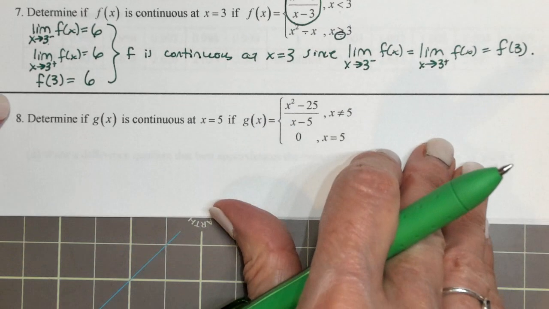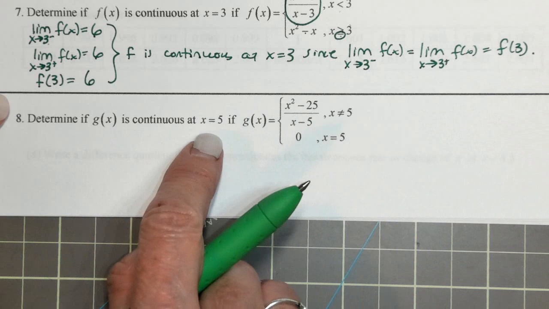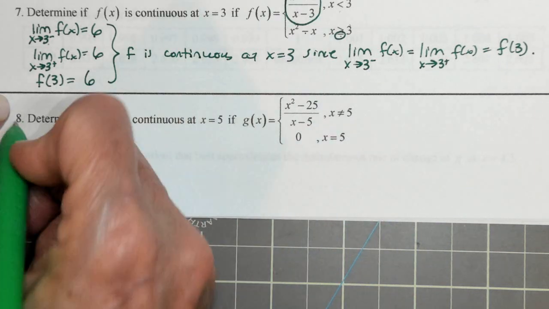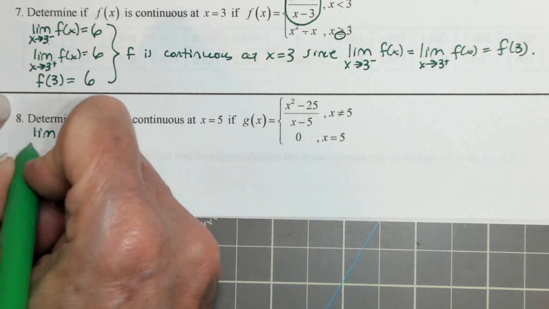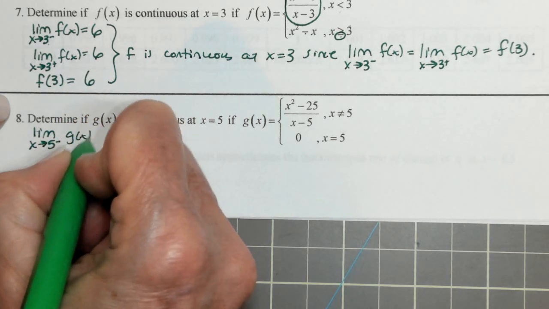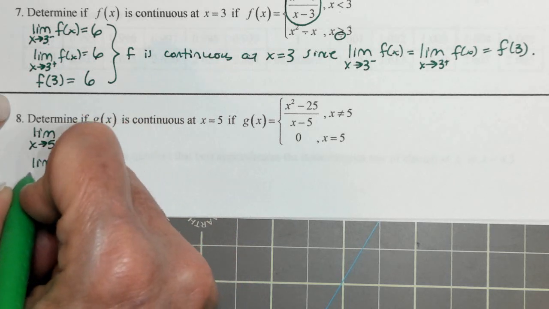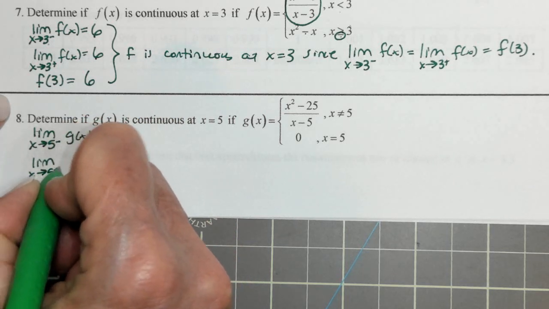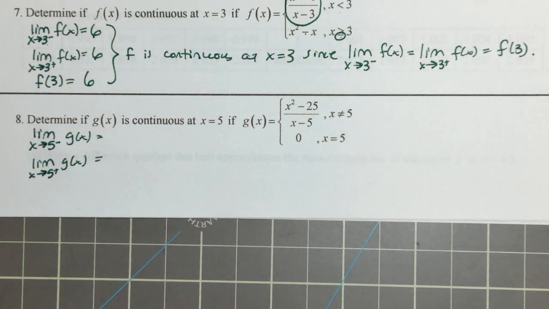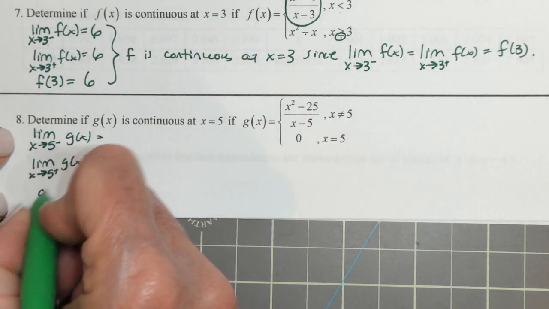Okay. Determine if G is continuous at x equals 5. All right. So once again, the limit as x approaches 5 from the left of G, the limit as x approaches 5 on the right of G, and then we'll need to find G at 5.